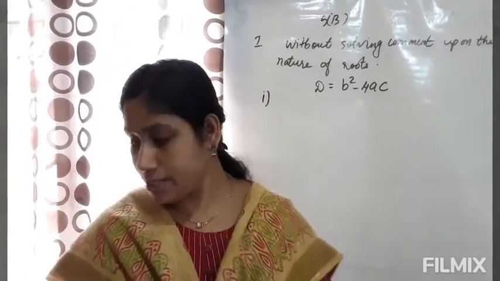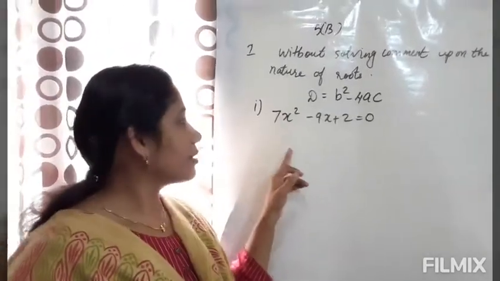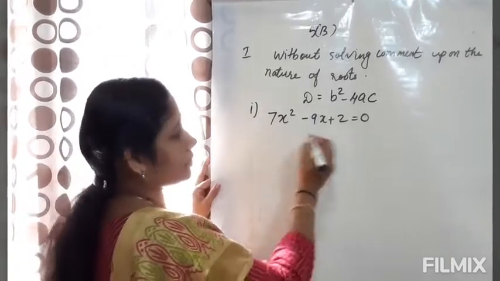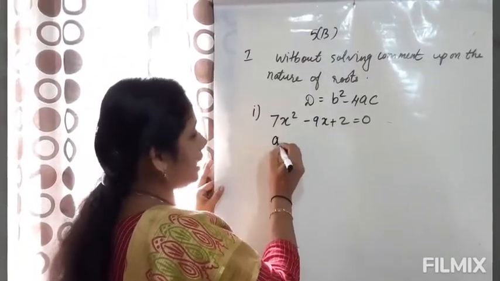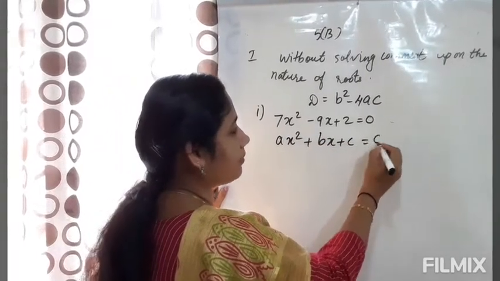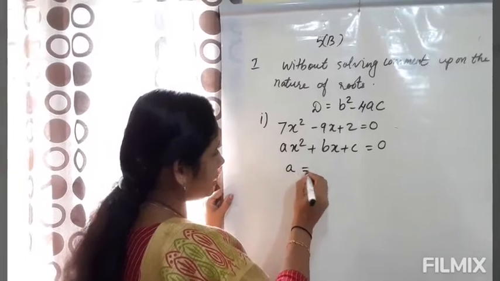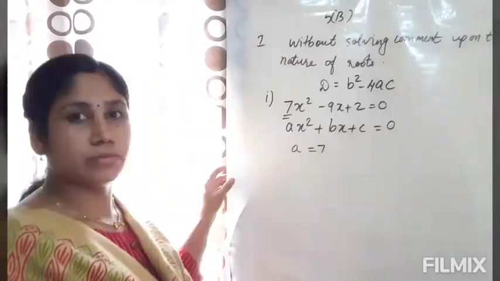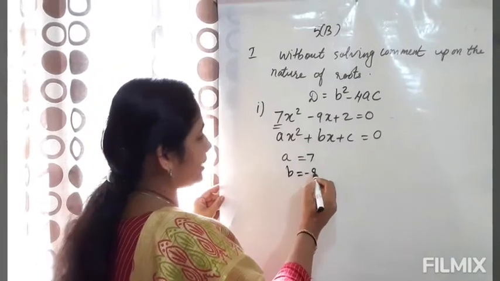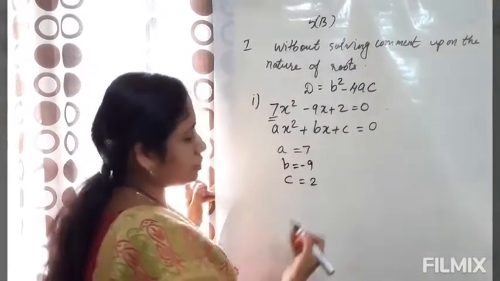First question is 7x square minus 9x plus 2 equal to 0. Comparing this equation with ax square plus bx plus c equal to 0, we can write a is equal to 7, b equal to minus 9 and c equal to 2.